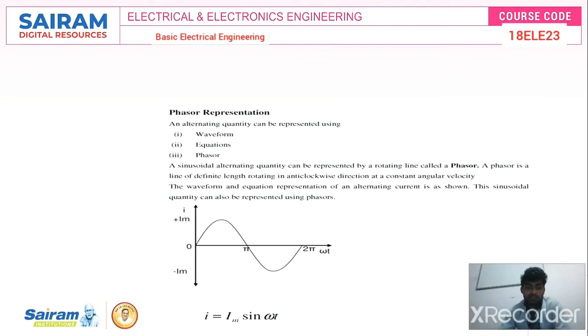Waveform in the sense this one sine wave, right? Here to here, and equation: i = Im sin omega t or v = Vm sin omega t, or the final equations like crest factor, peak factor, or form factor, 1.11, 1.414, and average value 0.637 Im, or Im by root 2, 0.707 Im, right?